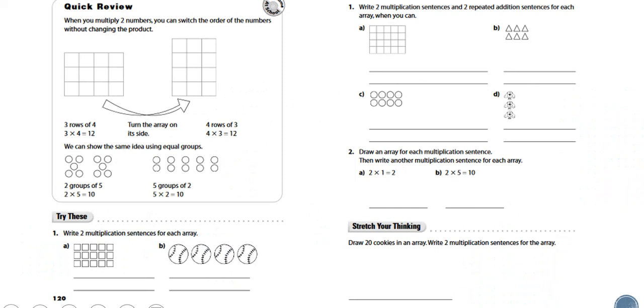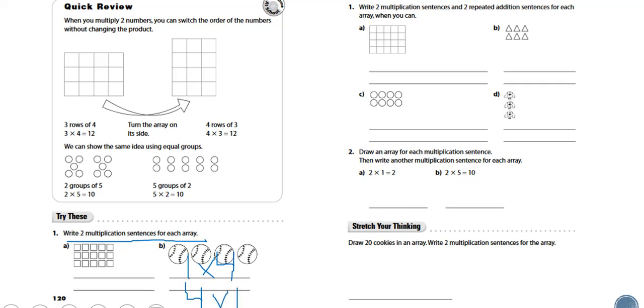So here are 2 pages. They are in your math practice and homework book. It is page 120 and 121. It is pretty easy. There's not too many questions. You need to write 2 multiplication sentences for each array. So for example, for B, we can have 1 times 4, or we can have 4 times 1.